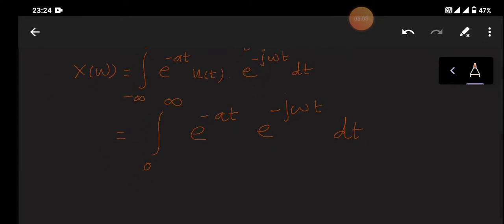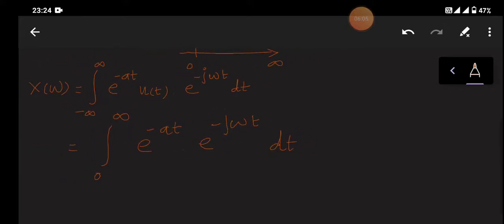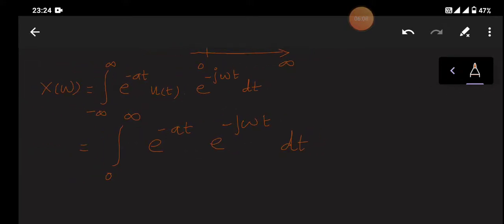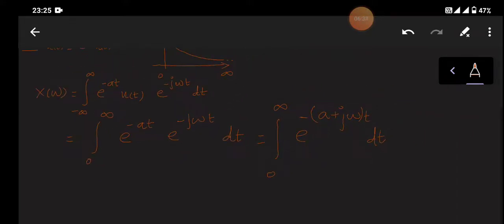Further solving, I can write it as the integral from 0 to infinity of e to the power minus (a plus j omega) t dt.